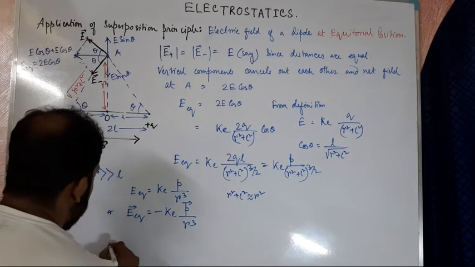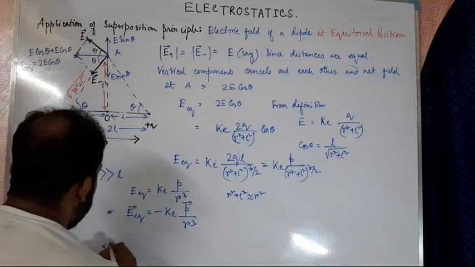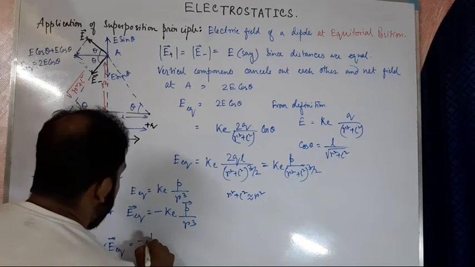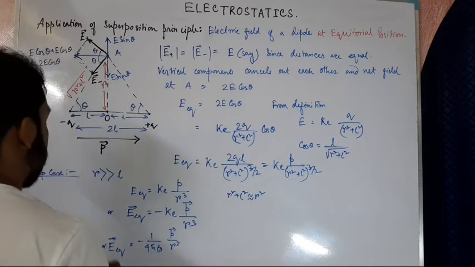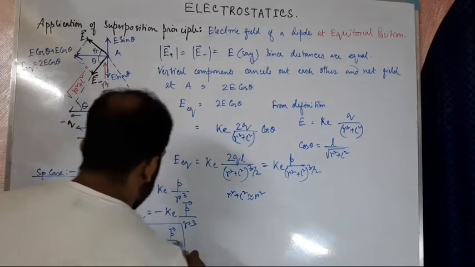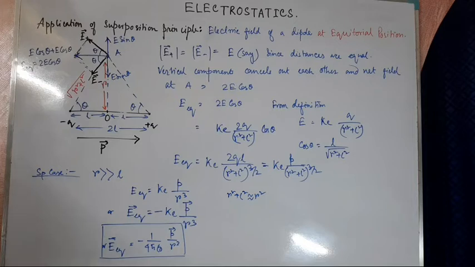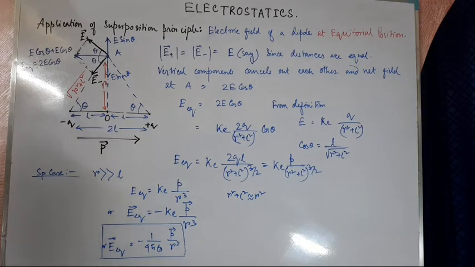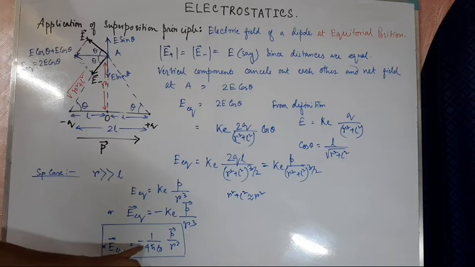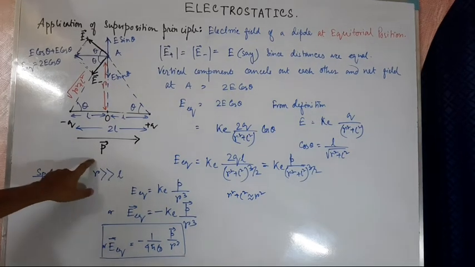So more explicitly, E equatorial can be written as minus 1 by 4 pi epsilon naught, p by R cube. The observation is very clear. Here also the electric field varies with 1 by R cube. That means it falls with greater rapidity than that of a single charge. But there is another observation: the direction of the electric field is exactly opposite to the direction of the dipole moment.